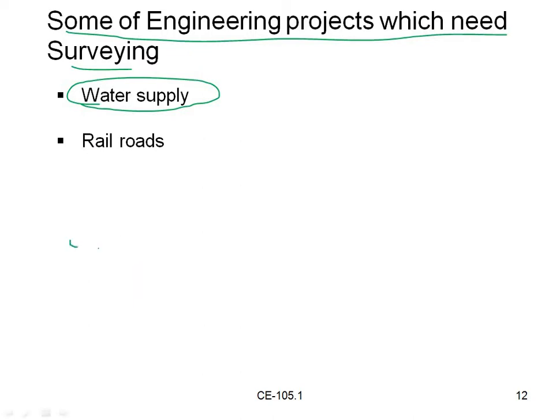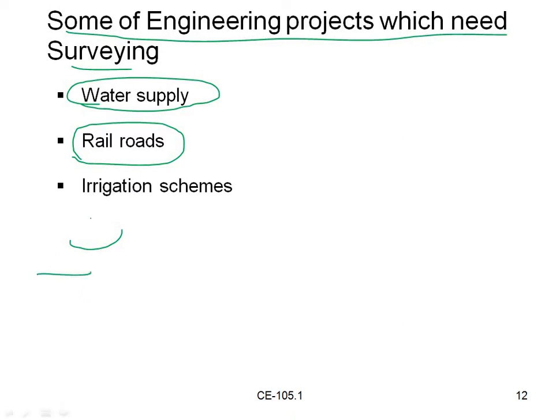And next is railroads. So these railroads are also constructed on the ground levels to travel the rails on the roads also. And next is irrigation schemes, which are generally culverts, bridges, dams, canals, and headworks, just like gate lifting and canal regulators.